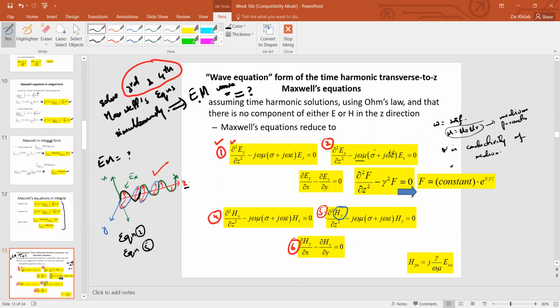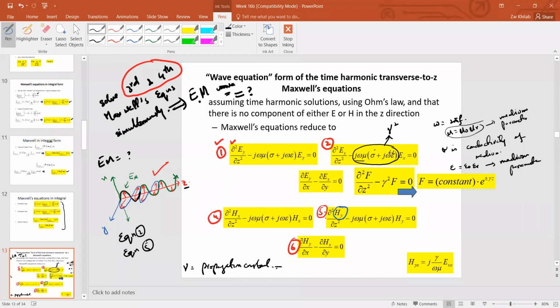Epsilon is again equal to epsilon naught epsilon r, and it's the medium parameter. Okay, so this entire thing is called gamma square. Gamma is propagation constant.